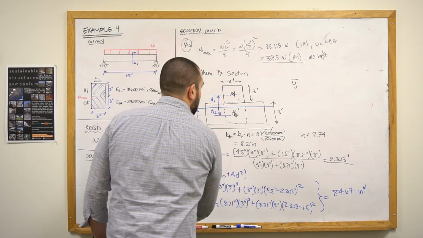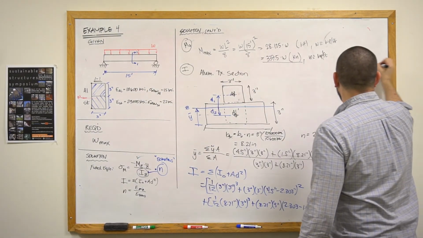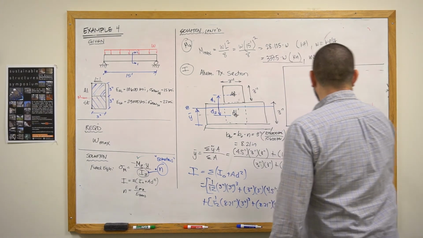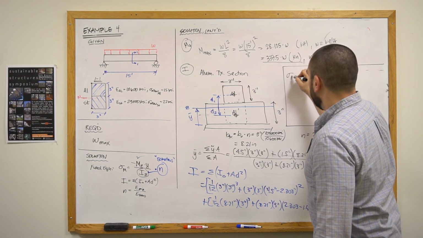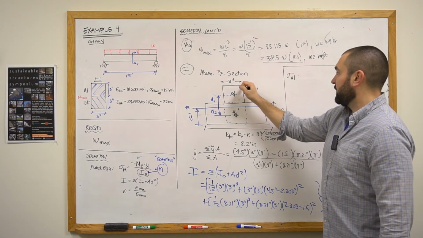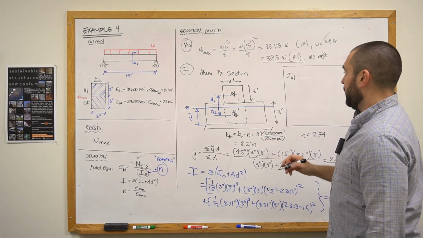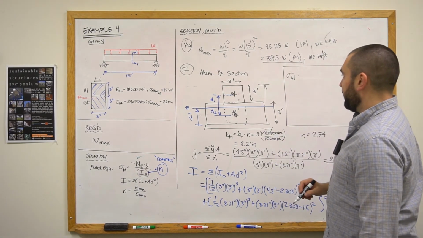So here, let's do this calculation here. If I want to calculate the maximum stress in the aluminum, like the stress up here at the top, I need to know this Y value right here.